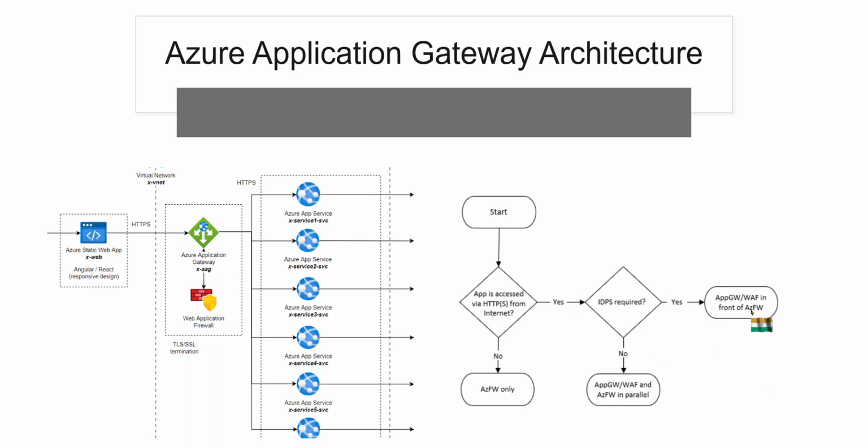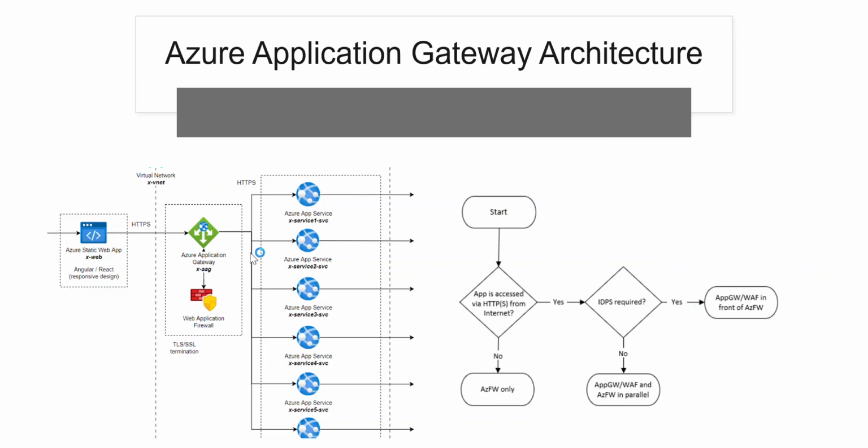If it has to be detected, you will see the application gateway and the web application firewall is in front of Azure firewall. Whereas if you don't want the intrusion detection, then the web application firewall, WAF, and the application gateway and the Azure firewall are in parallel. This situation you will see in coming slides.